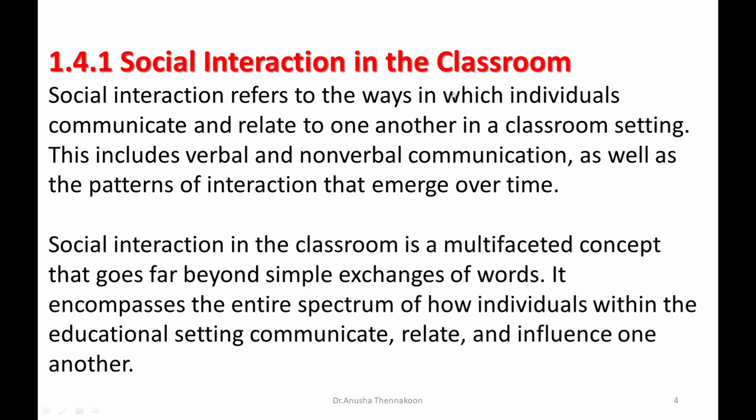It encompasses, meaning it covers, the entire spectrum of how individuals within the educational setting, maybe within the classroom, communicate, relate, and influence one another.